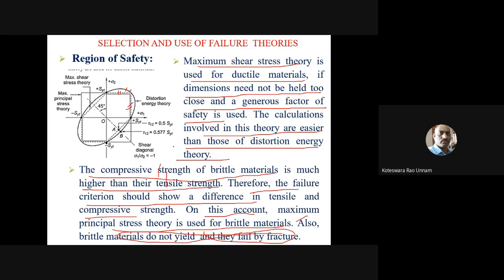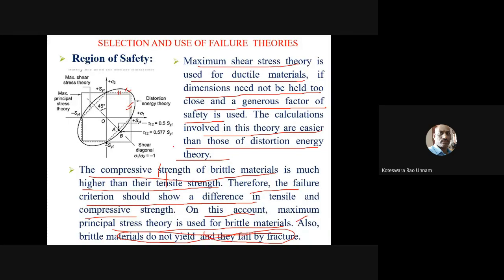So like this, we can compare all the failure theories and summarize in what situation what type of failure theory we need to use. That is purely based on the type of material. First, if the material is brittle, you have to go for maximum normal stress theory.